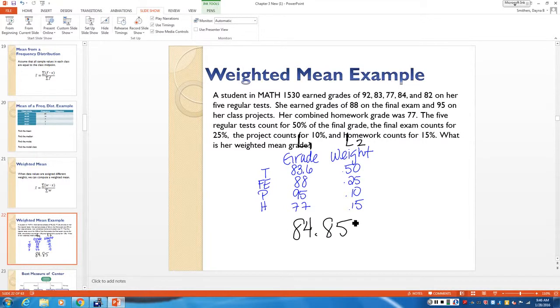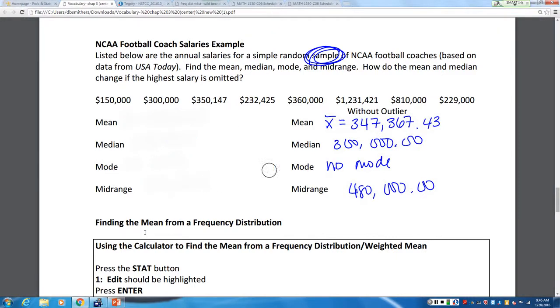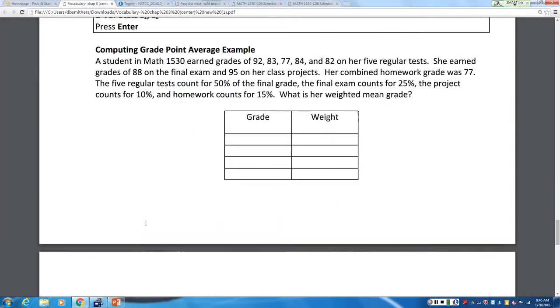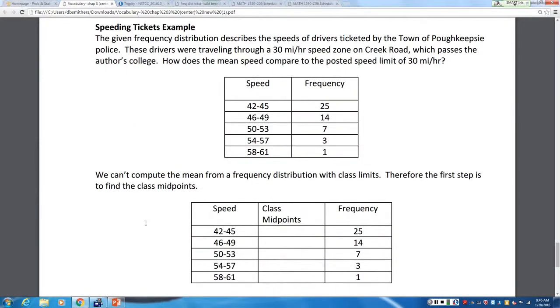Let's now look at your last example in your worksheet. Go to the example that talks about the people and their speeding. The speeding ticket example.